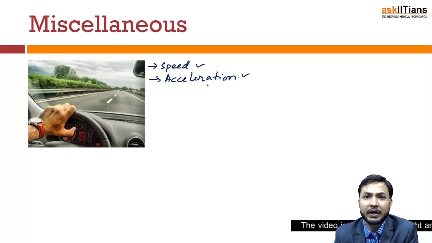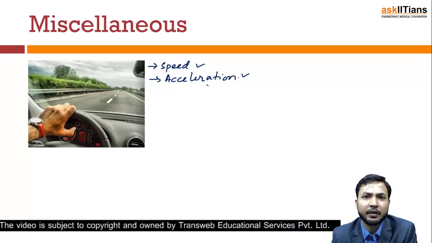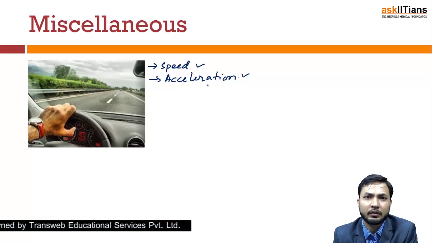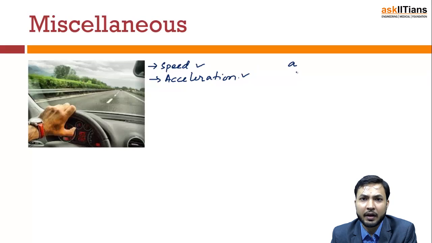Now what is speed and what is acceleration? The rate at which the car is moving, that is basically the speed, right? Let's say I cover some distance with a particular speed. If my distance is A and my time is t, then dA by dt is my speed. For a unit distance, the unit time taken, that is my speed.